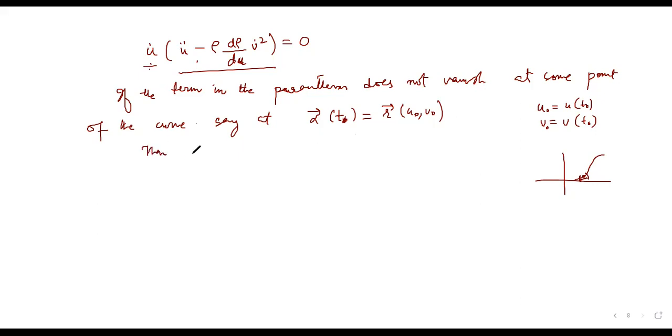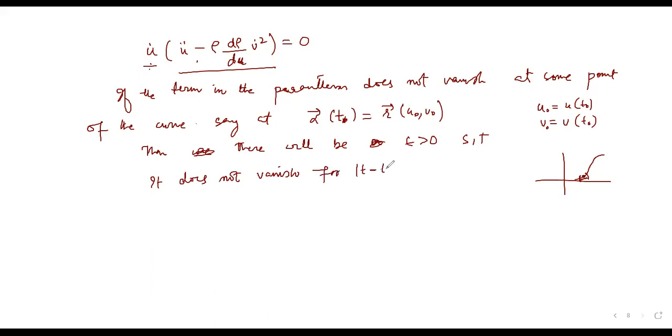Then we will write, there will be a number epsilon positive such that the term in the parenthesis does not vanish for t minus t naught less than epsilon.